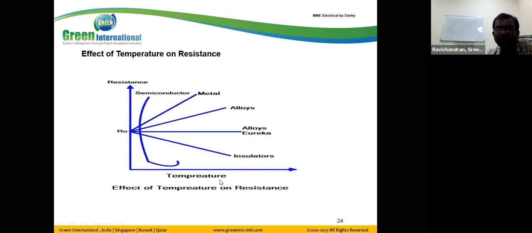The independent parameter is the temperature and the dependent parameter is the resistance. That means as temperature increases, resistance increases. Here the temperature increases from this point to this point, and at that time the resistance of the metal also increases.